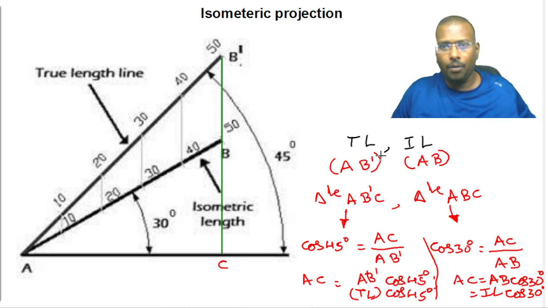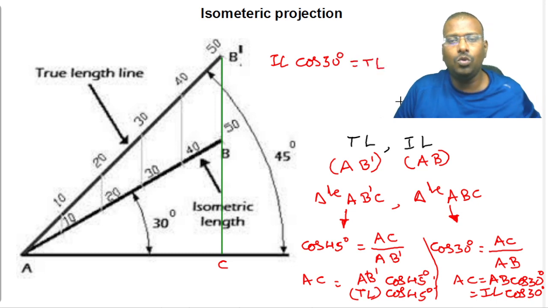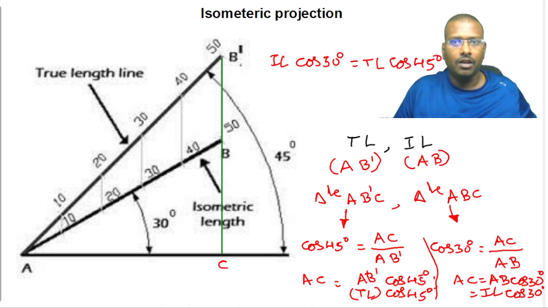Now, I hope you all got the idea. Therefore, isometric length into cos 30 is equal to true length into cos 45.